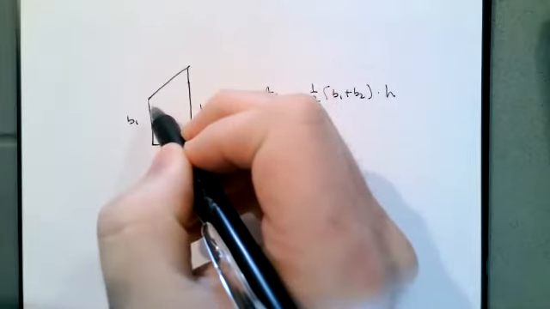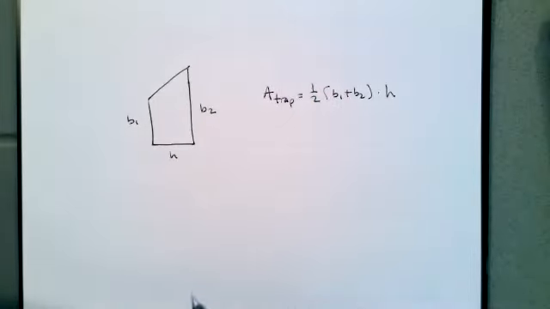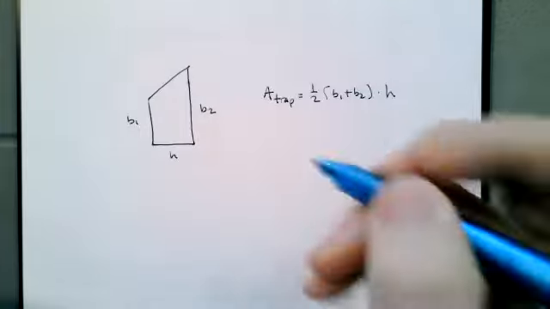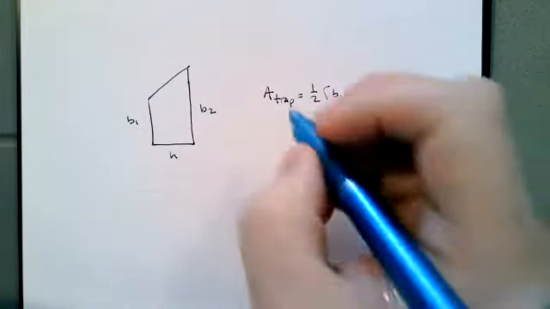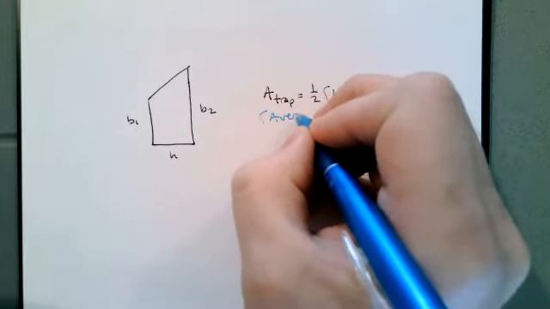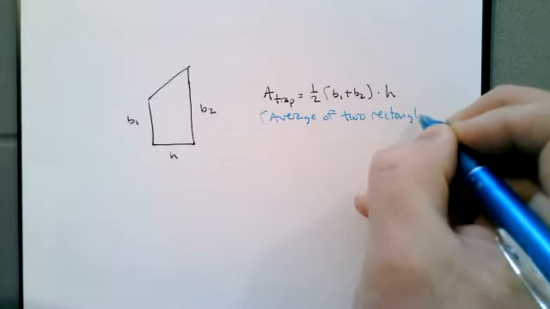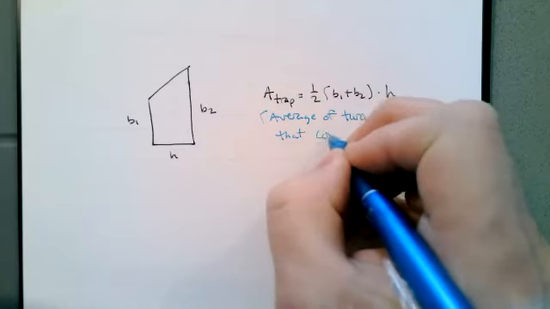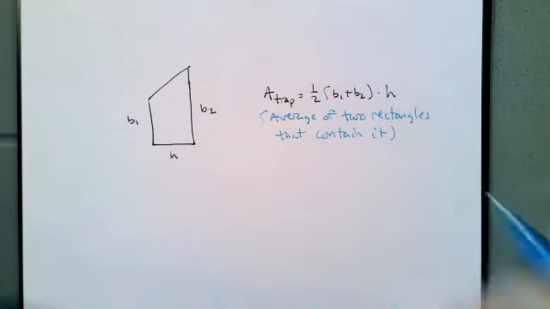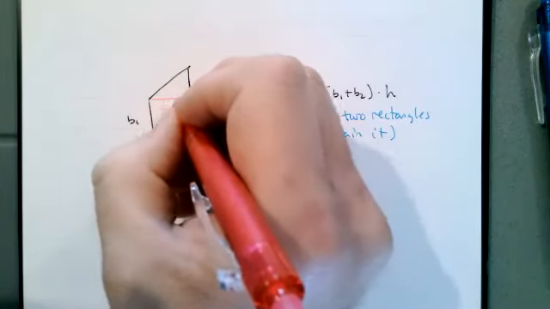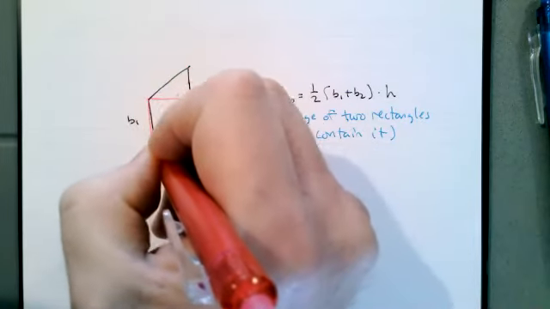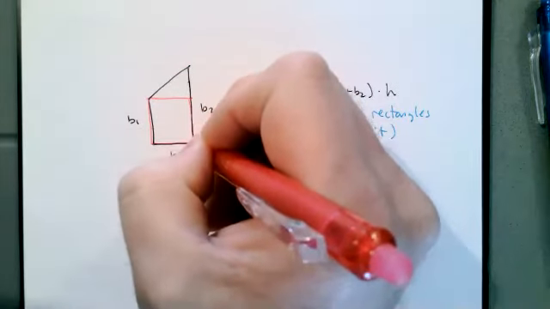Where this formula comes from is that the trapezoid is the average of the two rectangles that contain it. So here's one rectangle.